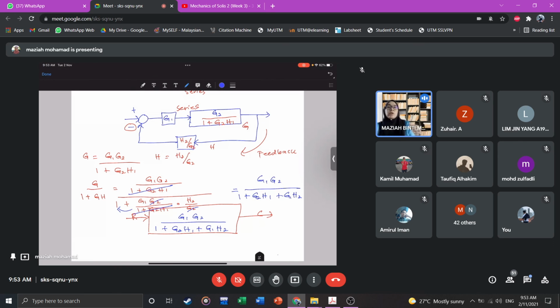If there is, move it first. Then you can combine or simplify the part that you want to simplify. Then check again. Repeat that process again and again until you get only one block that relates the input to the output.